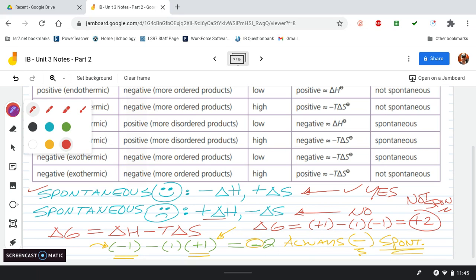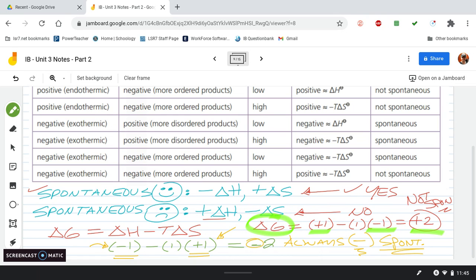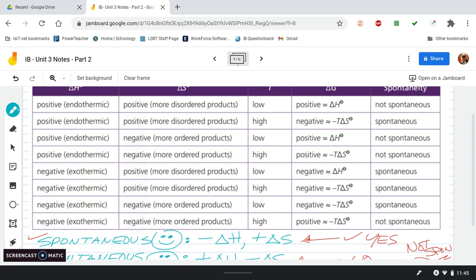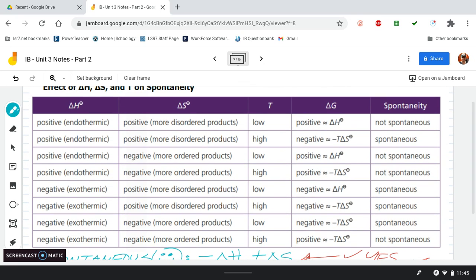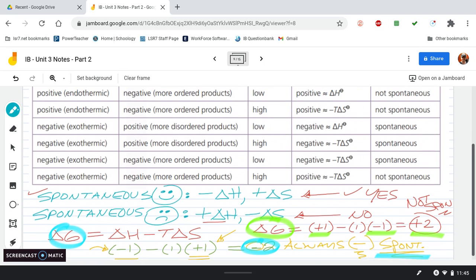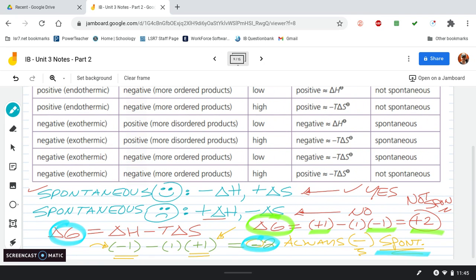So you need to be able to plug in the numbers. If you get a positive delta G, it's not going to work. If you get a negative delta G, it's always going to work. When you're going through this, the variable that can throw all this off is temperature. Sometimes you have a mix that is not always going to work or always not going to work, and that's where you have to look at temperature.